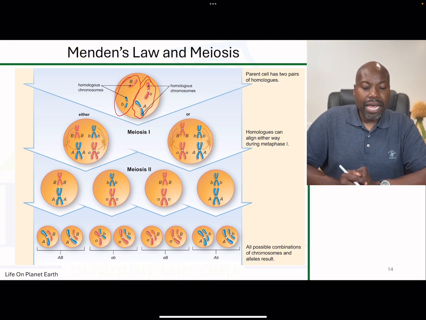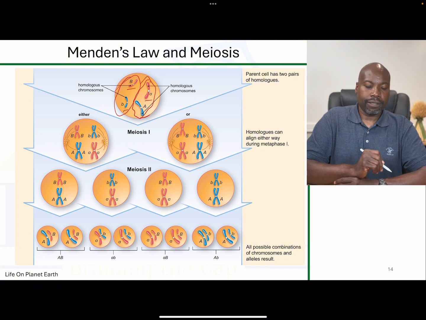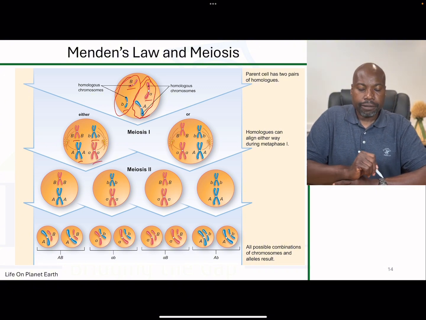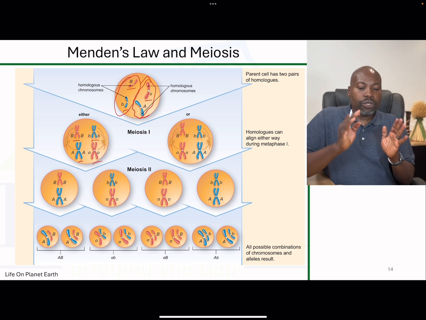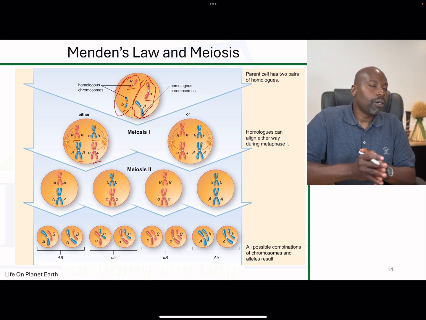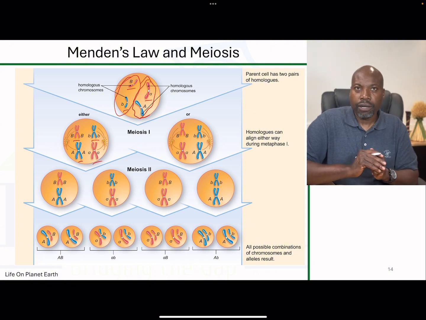So during meiosis, first and foremost, the chromosomes will have to be duplicated during the interphase, okay? This is what you see here, right?